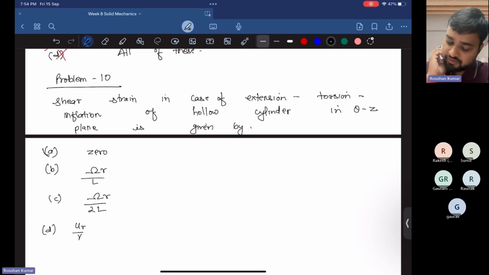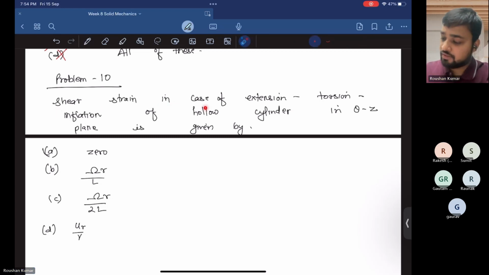So the question is, shear strain in case of extension, torsion, inflation of hollow cylinder in theta z plane.